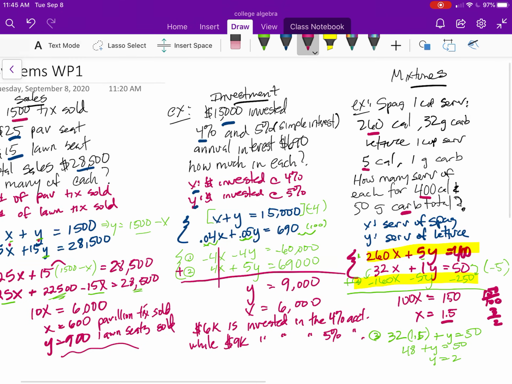So what does that mean? Then we have, I'm going to change to blue, 1.5 servings of spaghetti and meatballs and 2 servings of lettuce would yield the results they're looking for, 400 calories and 50 grams of carbs.